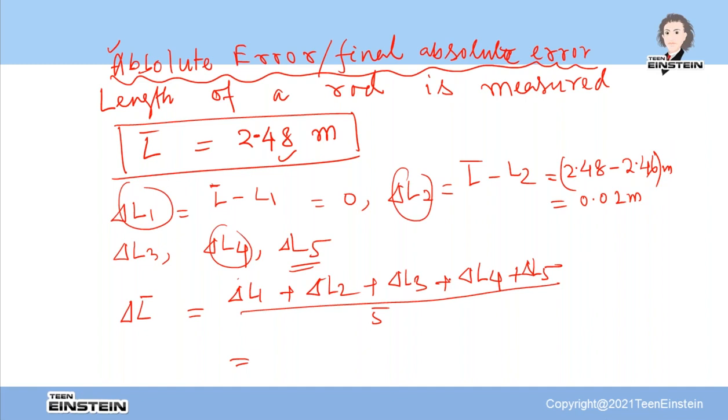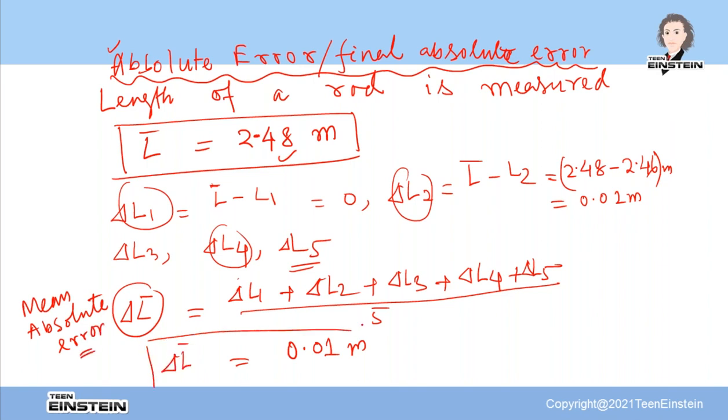If you just take the mean, what we get is 0.01 meter. So this is called the final absolute error or mean absolute error.